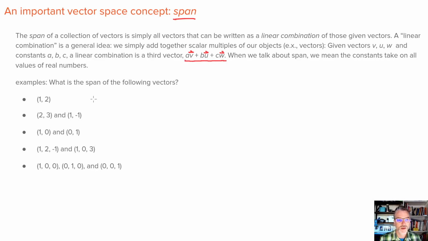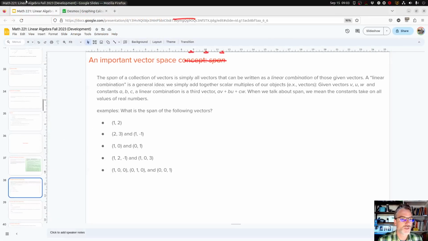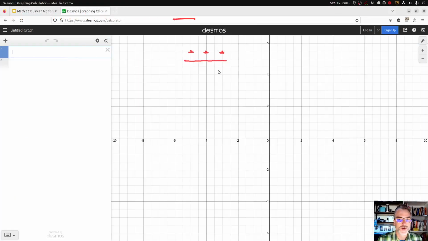Let's look at an example here. Let's take the vector 1, 2. What I'll do is drop down to Desmos. I'm going to clear that out and put that 1, 2 here. It draws it as a point, but you can imagine it as a vector going from 0 to 1, 2.